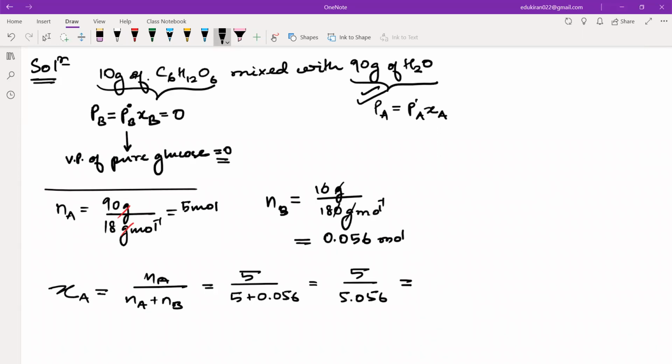Tell me approximately what this value will be. It will be near 0.99.